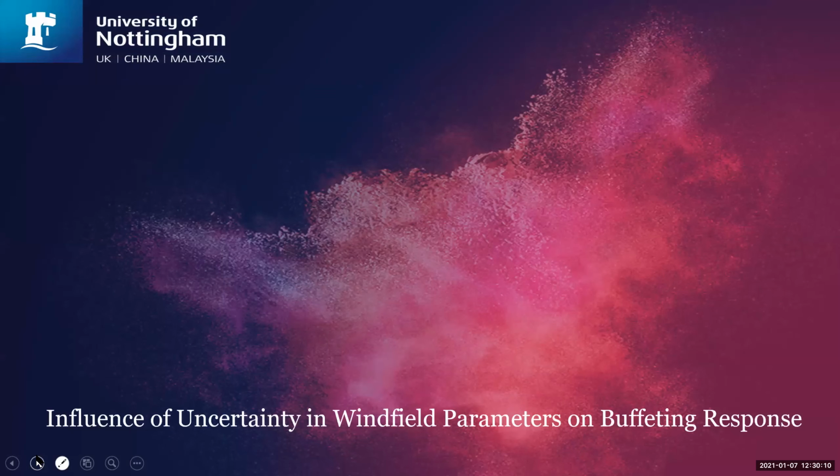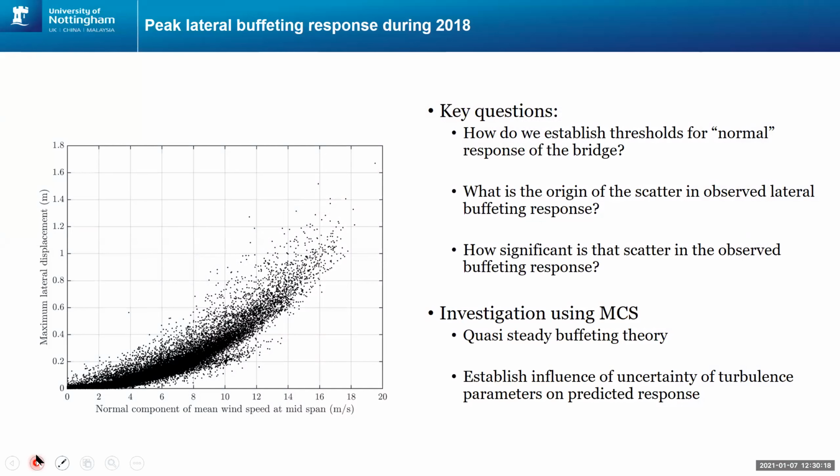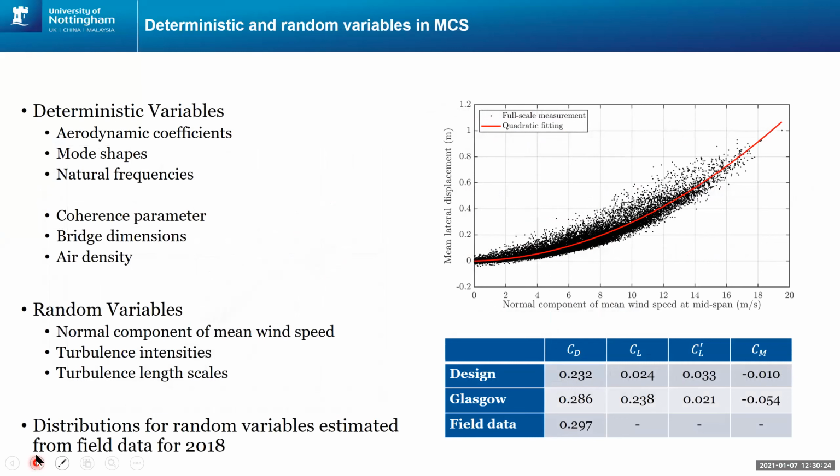One other thing I want to mention is work that we've done looking at the uncertainty in wind field parameters on the buffeting response of the Forth Road Bridge. We were looking at this because we wanted to develop thresholds for structural health monitoring. So we did some Monte Carlo simulation using the wind field variables as random variables.